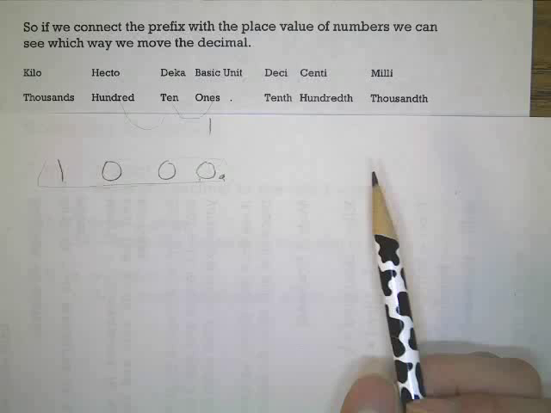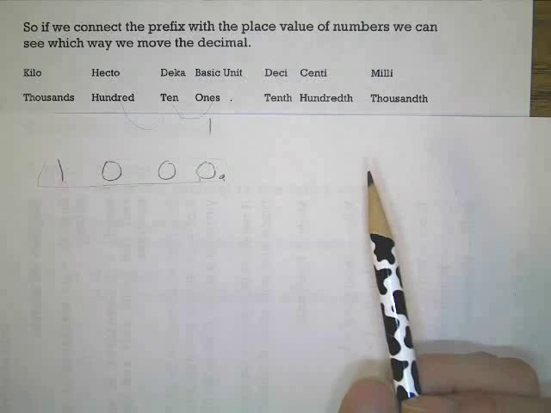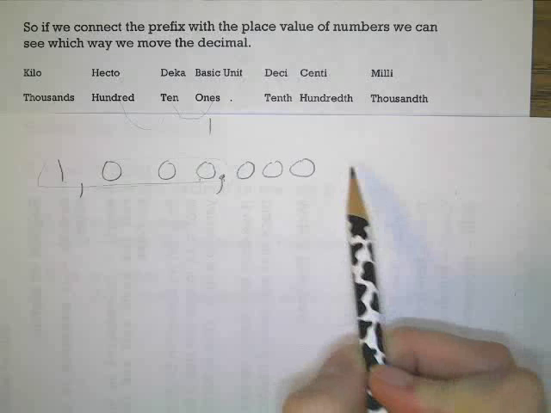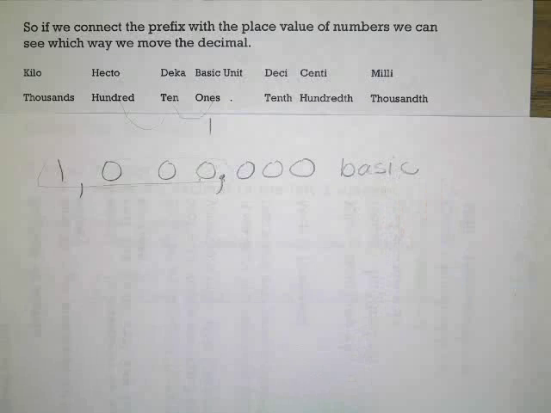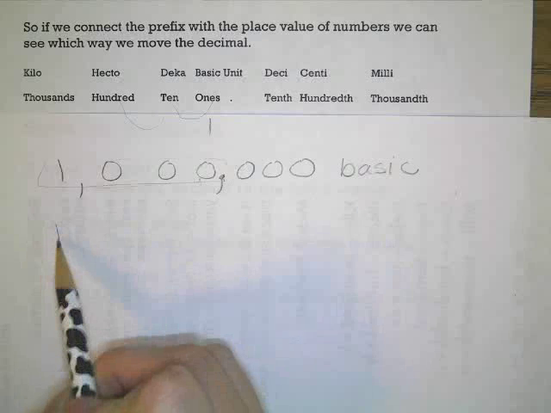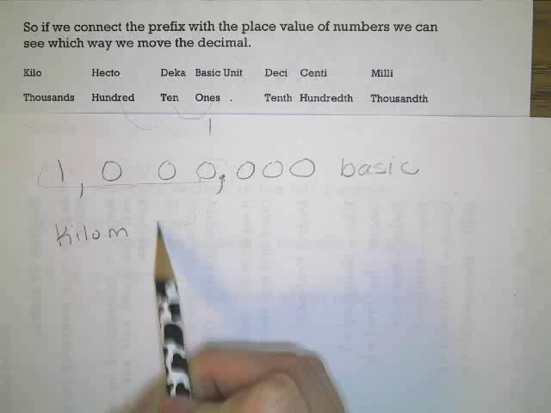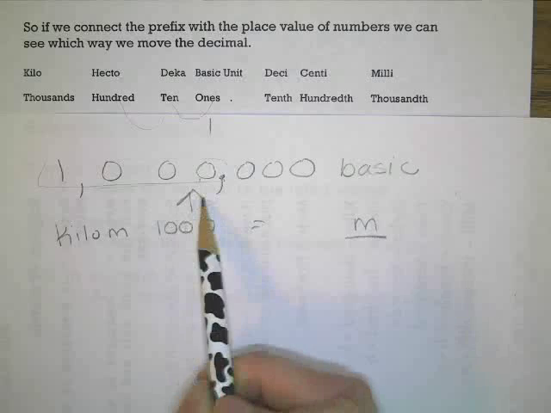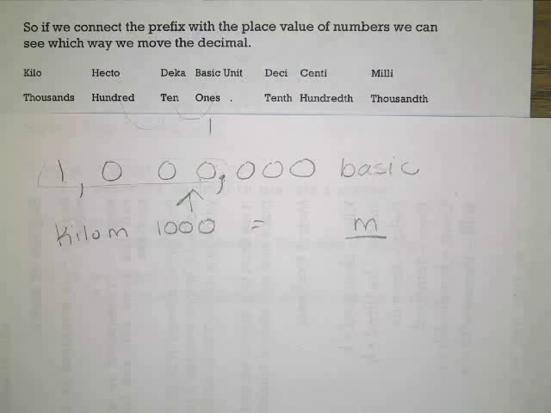How many places did I move? 3, so how many zeros? So if I have kilometers of 1,000 and I want to know how many meters that equals, don't I want to move my place value back 3? So don't I need to move this 1, 2, 3 places and add zeros? Simple moving of my decimal place and replacing with zeros.